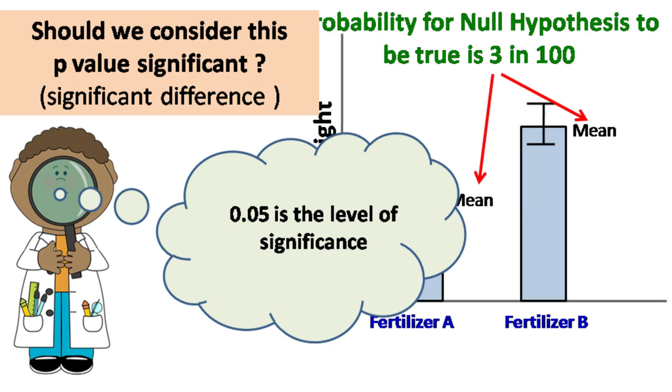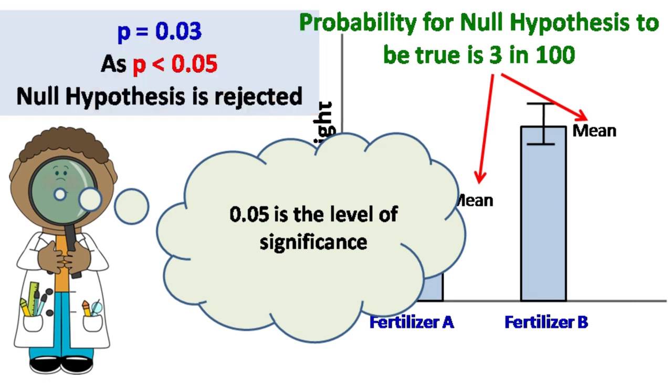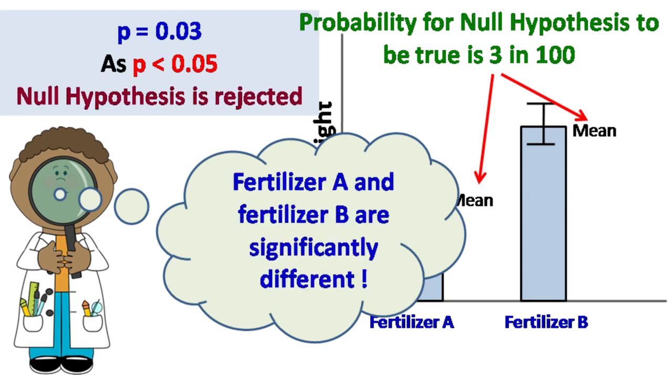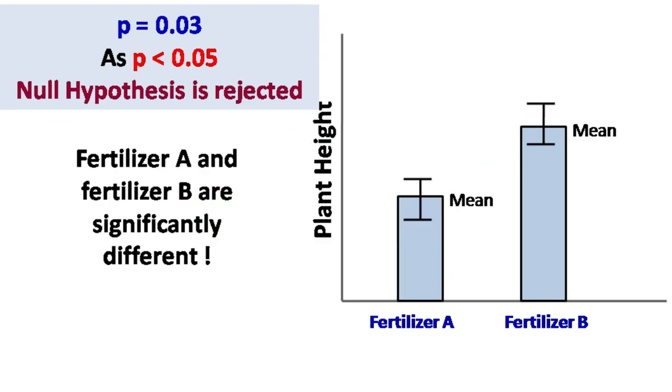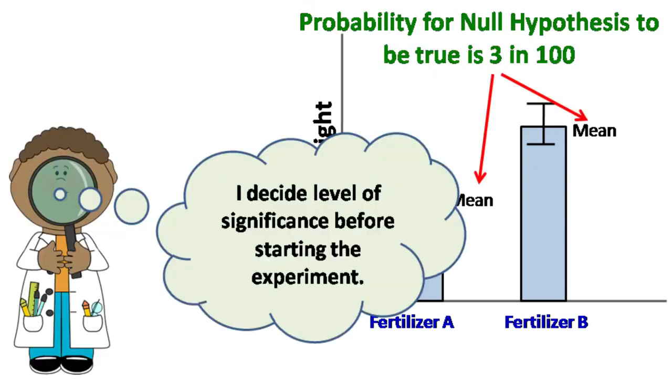Let's say the level of significance decided by the researcher was 0.05. Then in this case, the researcher has to reject the null hypothesis and conclude that there is a significant difference between fertilizer A and fertilizer B. Now let's say the level of significance decided by the researcher was 0.01.